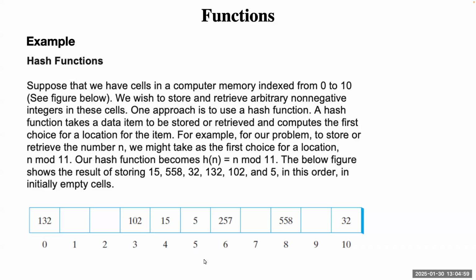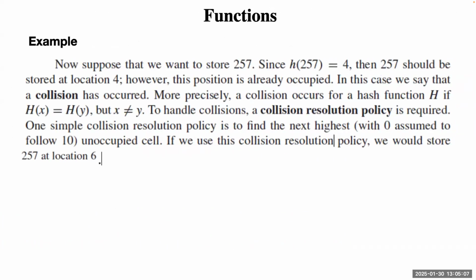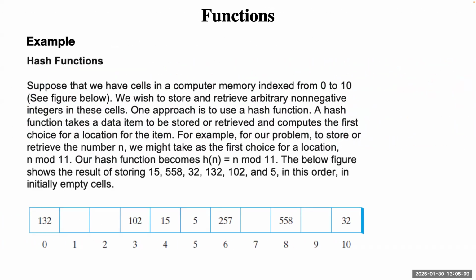You already put it in there earlier, and to retrieve it, you just use the same function, get the index, and go straight to that index. So hashing functions can be a very useful way of quickly storing and retrieving data, and particularly if the data is like an object or a database record, it makes it pretty easy to do.